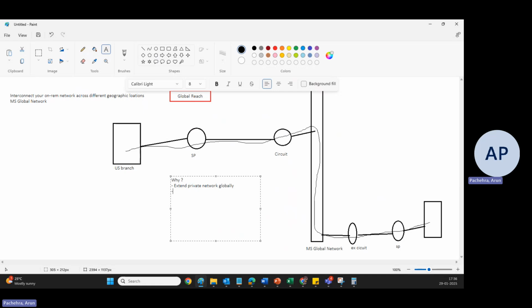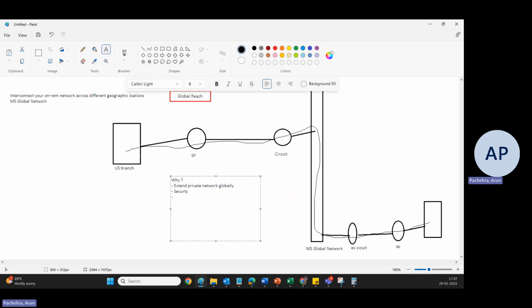Second, this will definitely improve security because we are not getting into the public internet but the Microsoft global network. So it improves security by keeping data traffic within Microsoft's network instead of the open internet, if we have something like that as the hard requirement.